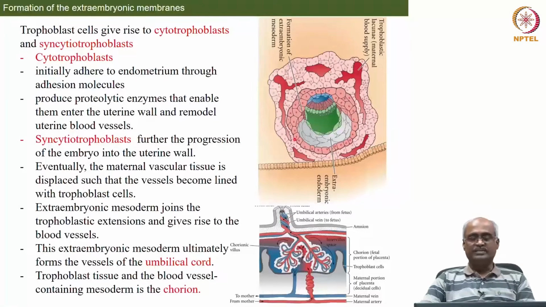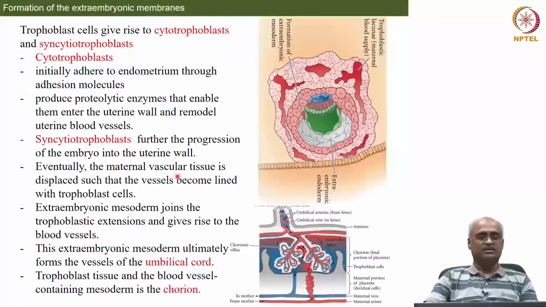Okay, so this detail we need to understand clearly, and that's the focus of this slide. So the trophoblast cells give rise to cytotrophoblasts, and these are the ones that are important for attaching to the endometrium initially, and they accomplish this by producing proteolytic enzymes that enable them to enter into the uterine wall and remodel the uterine blood vessels.